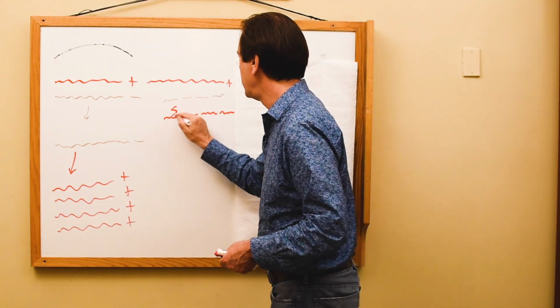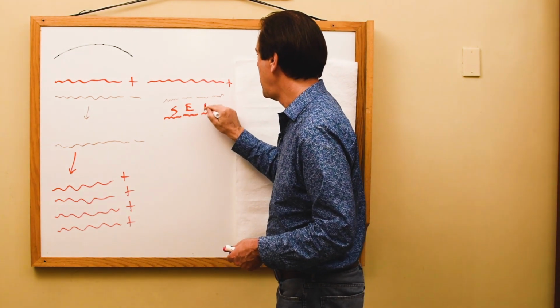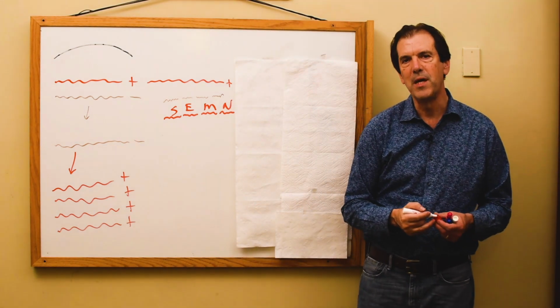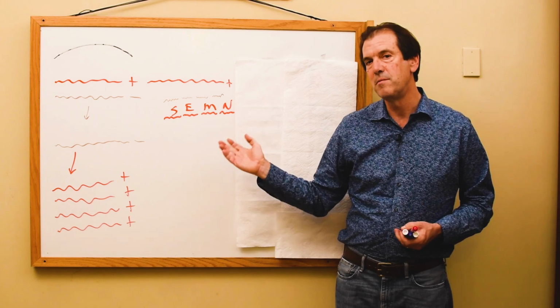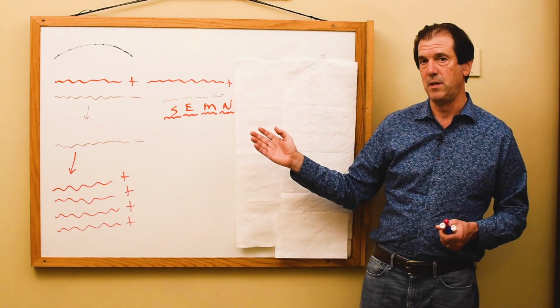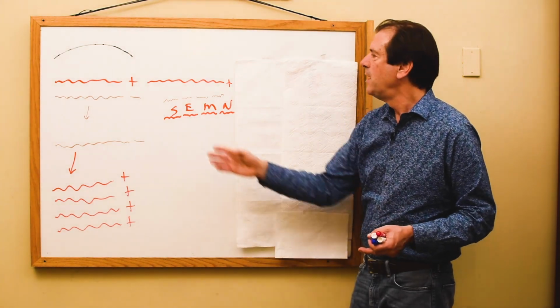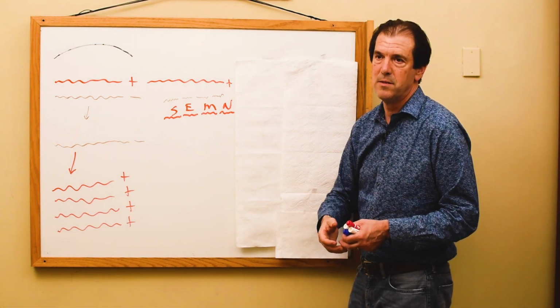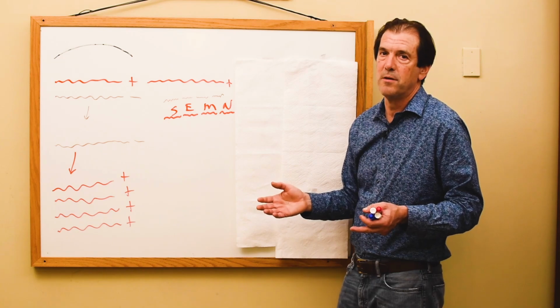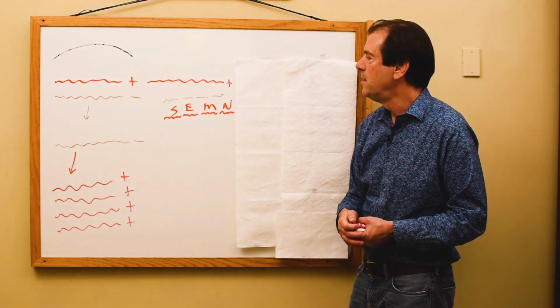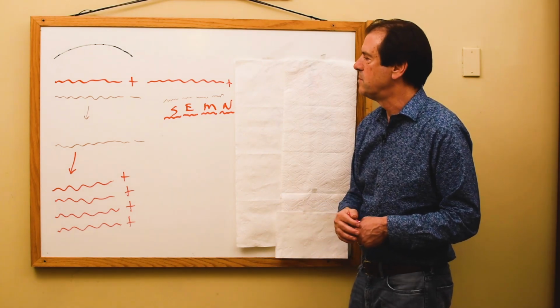So this would be S, E, M, N. The problem is the virus has to make a lot of those proteins. The first long protein, it didn't have to make a lot. Here it's got to make a lot because it's literally got to manufacture these actual physical structural components of the virus. And so you need tons of those.